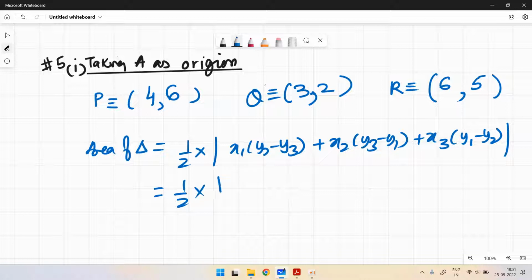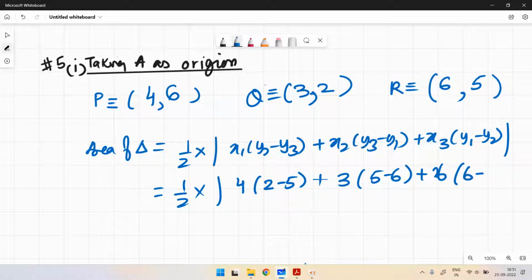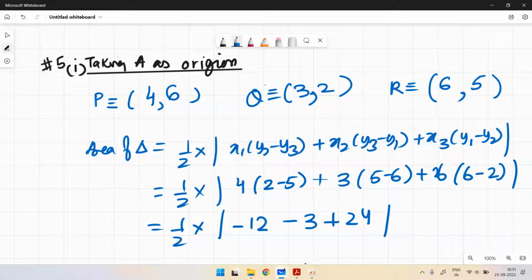Ultimately this is half into x1, which is 4, times y2 minus y3, which is 2 minus 5, plus x2, which is 3, times y3 minus y1, which is 5 minus 6, plus x3, which is 6, times y1 minus y2, which is 6 minus 2. Solving, 4 times minus 3 is minus 12, plus 3 times minus 1 is minus 3, plus 6 times 4 is 24. So 12 minus 12 minus 3 plus 24 gives 9.